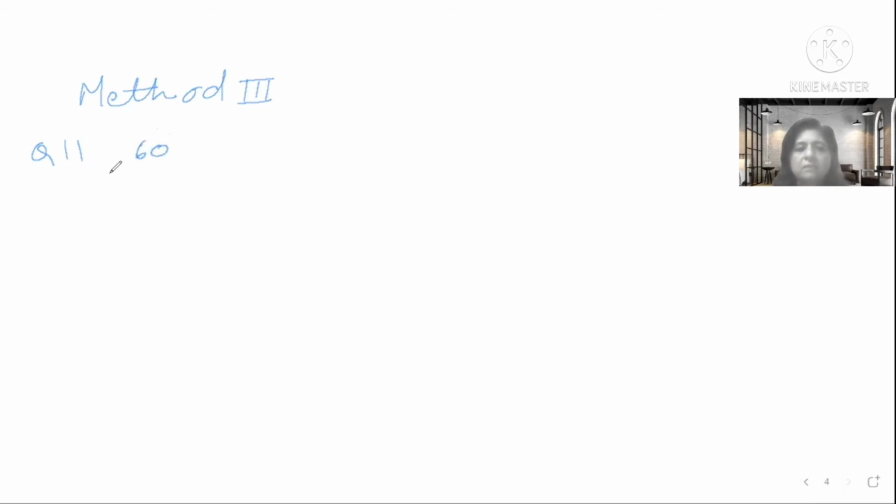Now this is question number 11. We have 60 upon 54. So here we find out the answer to questions like this. First we write the number in the numerator and then we write the number in the denominator.